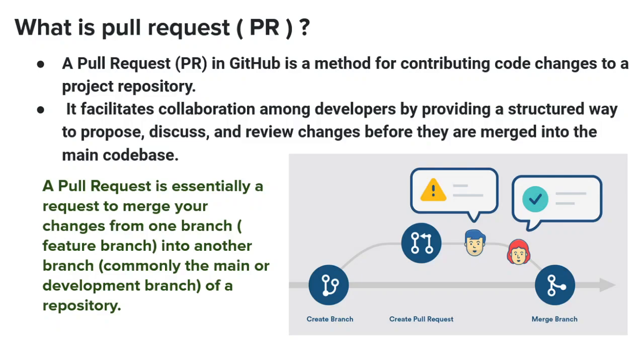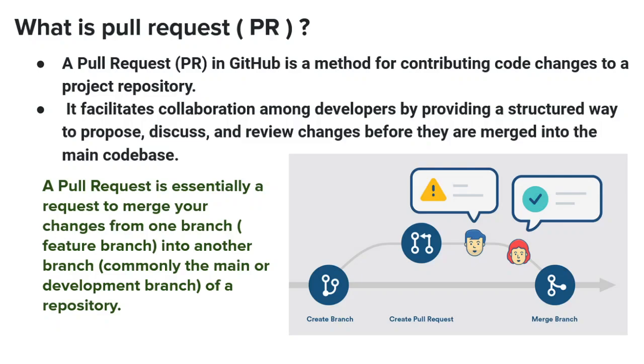A simple example: let's say there is a main branch of our application. Whenever we want to add a new feature, or if there is a bug fix, the developers working on those will create a new feature branch from the main branch.